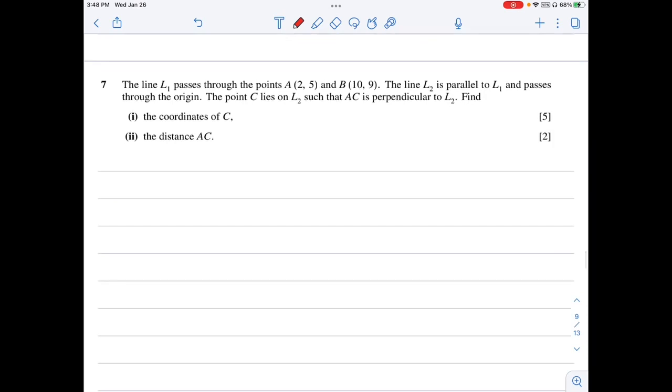Question number 7. The line L1 passes through the points (2, 5) and (10, 9). L2 is parallel to L1 and passes through the origin. The point C lies on L2 such that AC is perpendicular to L2. Find the coordinates of C. So L1 passes through A and B. A is (2, 5). B is (10, 9).